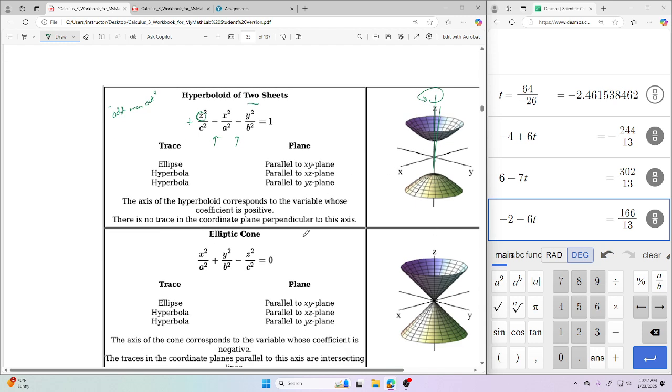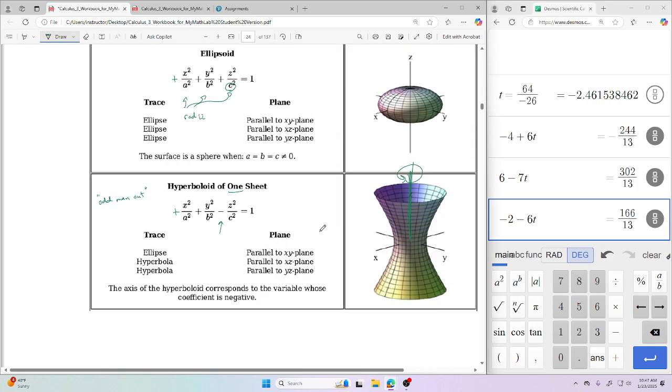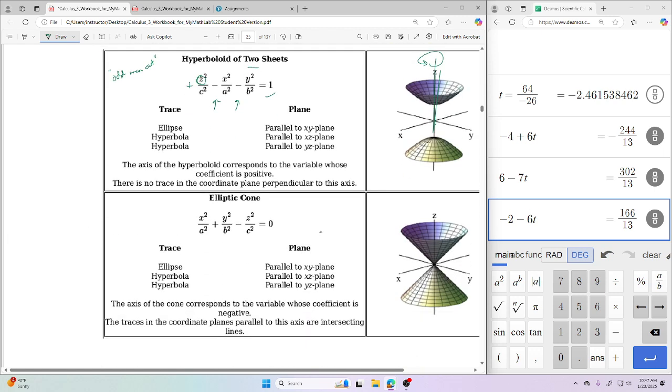The cone, if you haven't noticed, every single time we've had an equals 1, an equals 1, an equals 1, all of a sudden the cone equals 0. So the cone is an equals 0. That's the big change between that and this one. Now, notice that this is a positive, positive, negative. So what it's going to resemble, again, odd man out, right? This one would resemble that one sheet, but it just got squished in the middle.